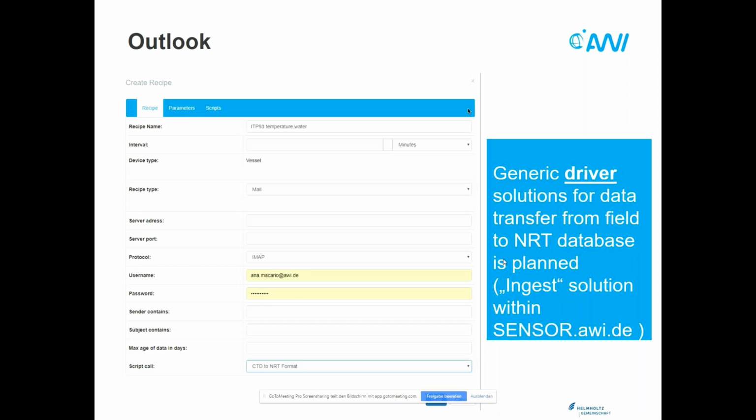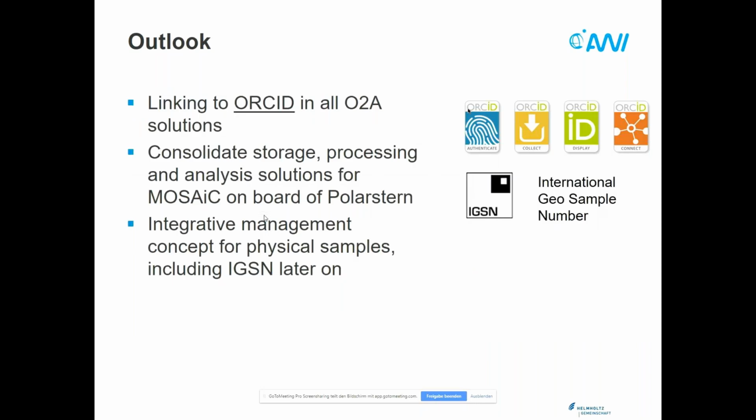In this case, IMAP, so type email, and there is a script that would read this email, with whatever parameters you specify here, and this script would then change this email to a format that is compatible with our database, so that we can import it into the database. But it could also change to another format, or it could read other formats like NetCDF and so on. So this is very flexible.